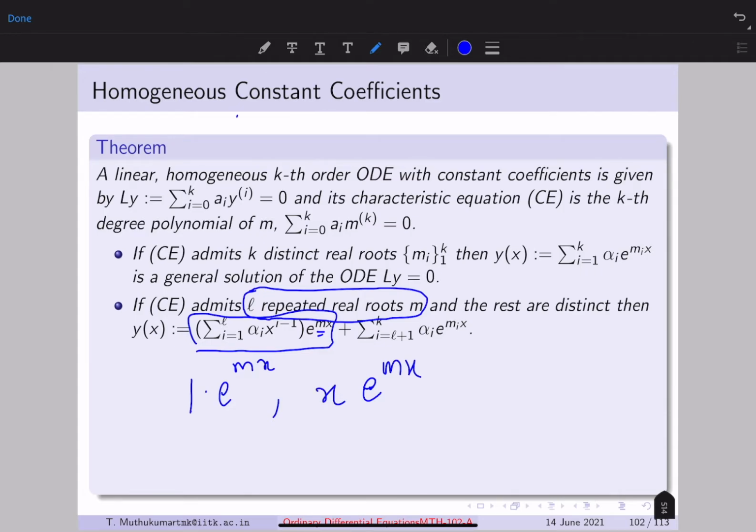We have already seen that 1, x, x square, x cube, and so on, these are all linearly independent, right?